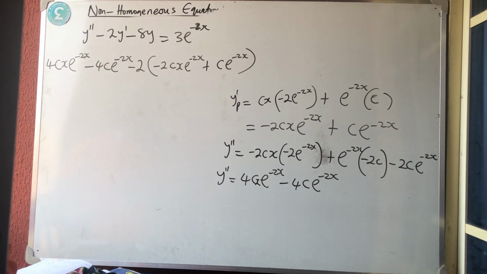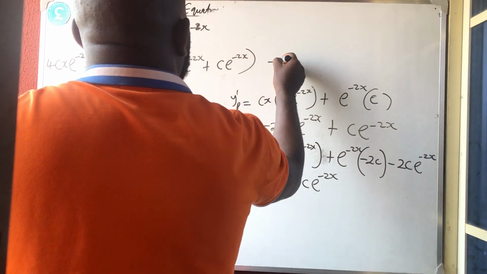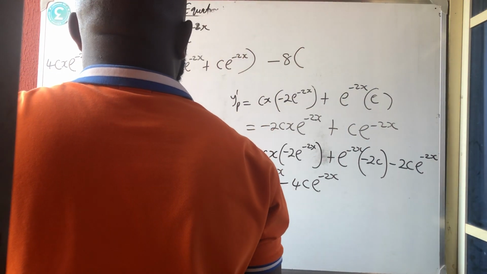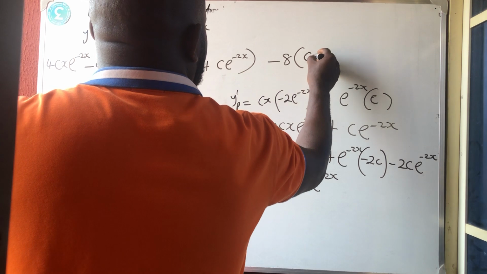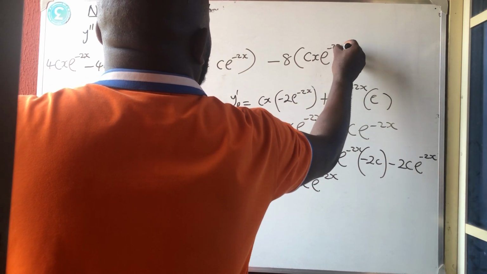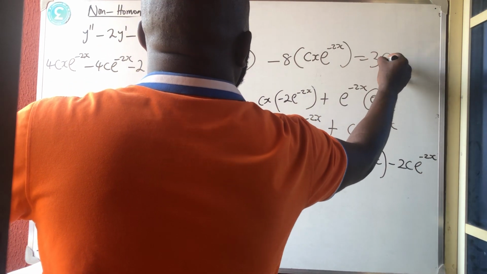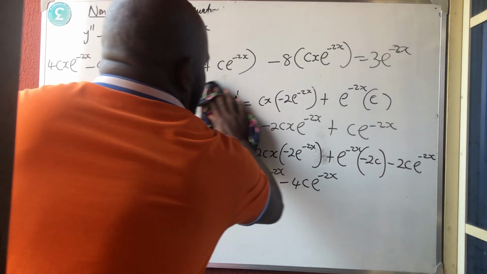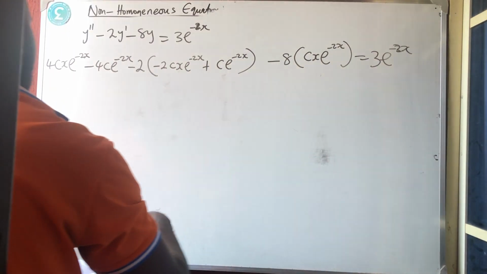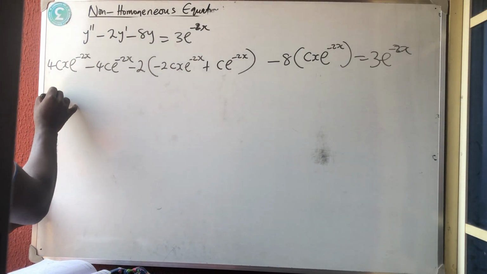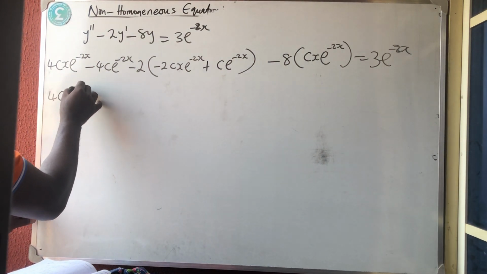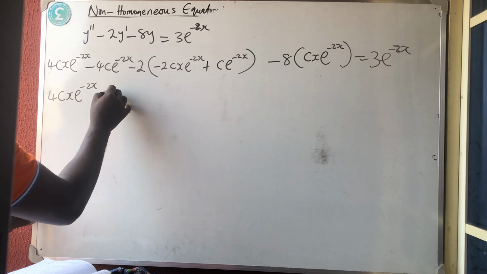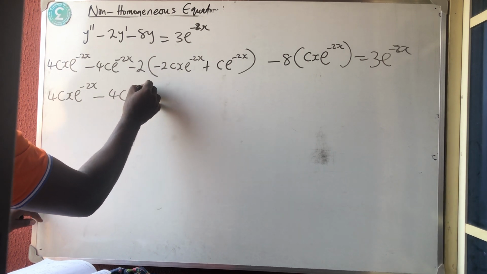All right. Okay, then minus 8 bracket y, my y is cx e raised to power minus 2x, then is equal to 3 e raised to power minus 2x. Okay, so let us now open the bracket. We can now get our c. So I'm having 4cx e raised to power minus 2x minus 4c e raised to power minus 2x.